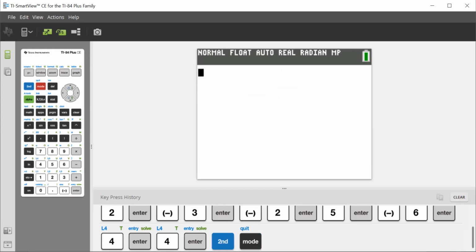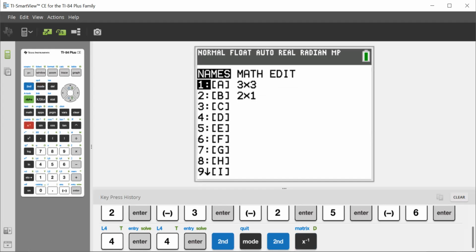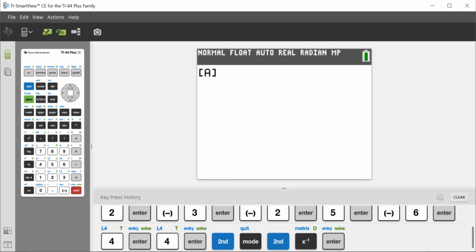And I remember to find an inverse of a matrix, what was our notation for inverse matrix? The power of -1. So I'm going to do matrix, and I'm going to do matrix A that I just entered in there. And then I'm going to do this x to the -1 button.